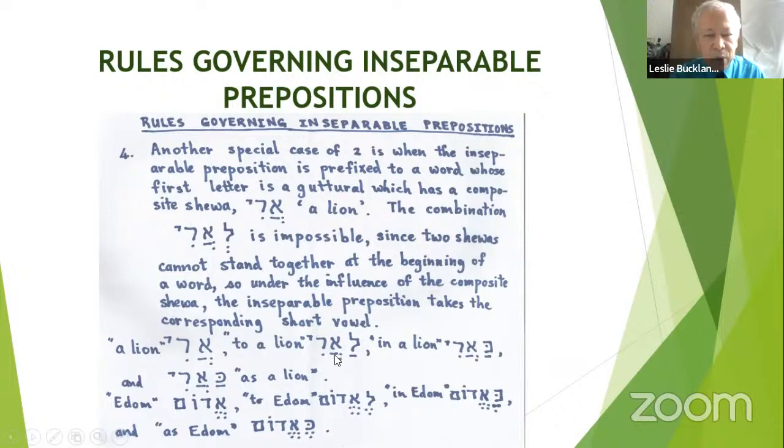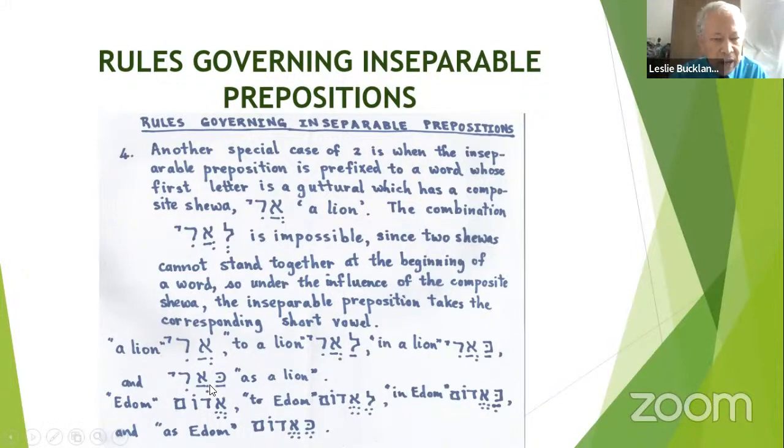Whatever is the short vowel, it will take it. Here is another example. Ba-ari, pathak. Notice it has taken the same short pathak that is under aleph. Ba-ari, in a lion.